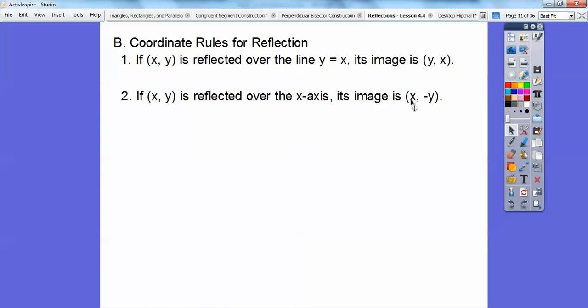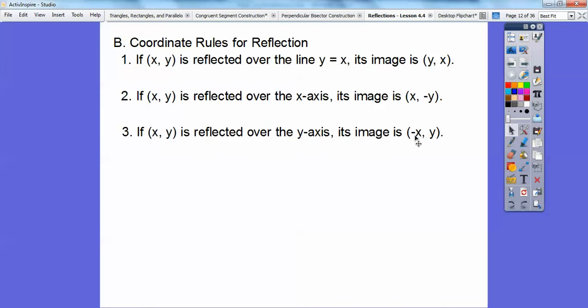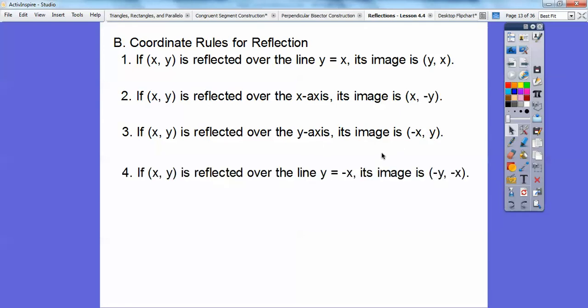So it stays x comma, but this becomes negative y. If we do it over the y-axis, then we change the x to negative x, and the y stays the same. And finally, when we reflect it over y equals negative x, if we flip these points, x, y, they become y, x, but you negate them. You put negatives with them. I have examples of all of those coming up.